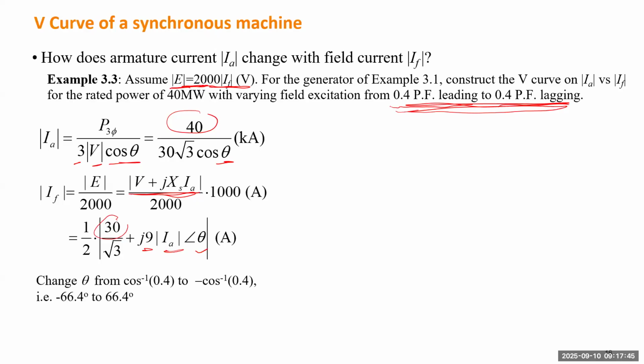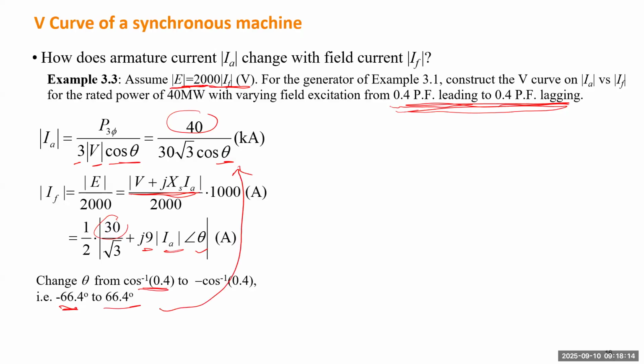So next, we want to change theta such that the power factor will change from 0.4 leading to 0.4 lagging, which means the angle will change from negative 66.4 degrees to a positive 66.4 degrees. So we just plug in those angles. You determine the interval or step to increase the angle from negative to positive, and you give those values to the first equation.